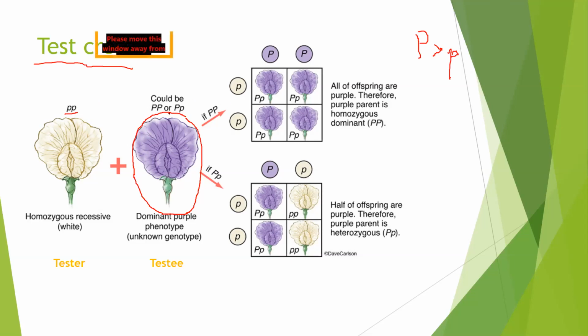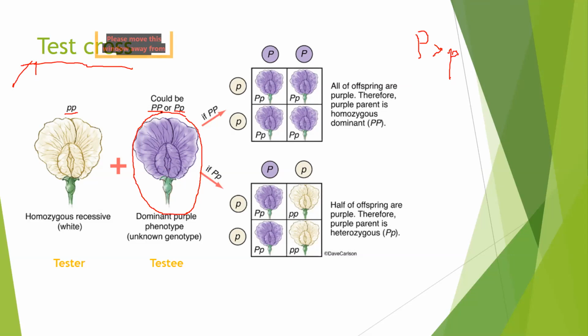But if I give you a flower with color, you do not know whether the genotype is capital P capital P, or capital P and lowercase p, because either genotype will give you the phenotype. So how do we know which genotype this individual carries? Then we can use this test cross.